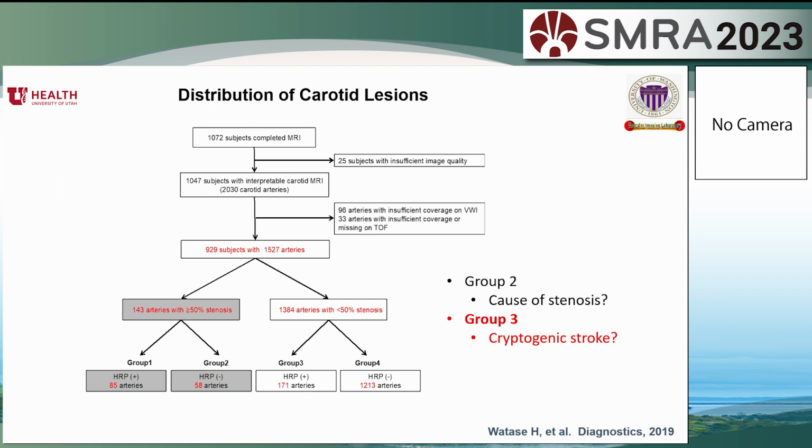This leads to the question of cryptogenic stroke, because these people, based on the current standard of diagnosis, will probably be labeled as having had a stroke whose source is not likely to be carotid, because there's no severe stenosis. So the issue of cryptogenic stroke, and whether vascular imaging should play a key role in its evaluation, started to come out because of studies like this.